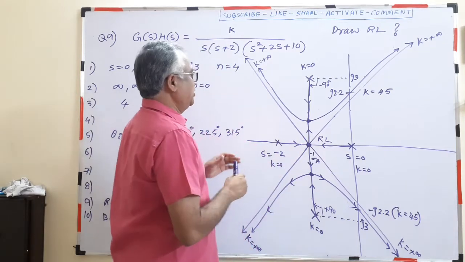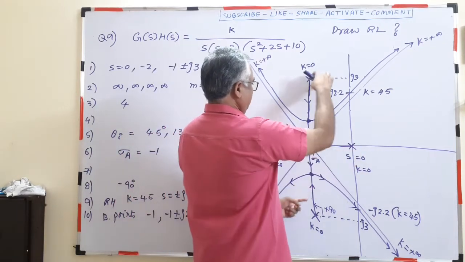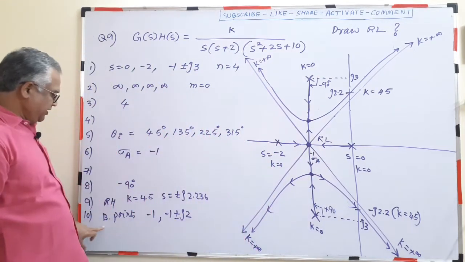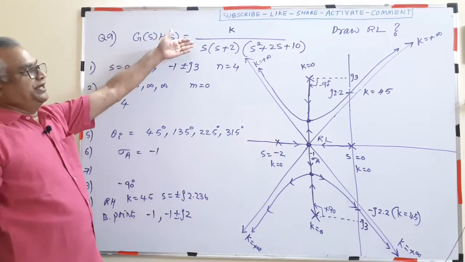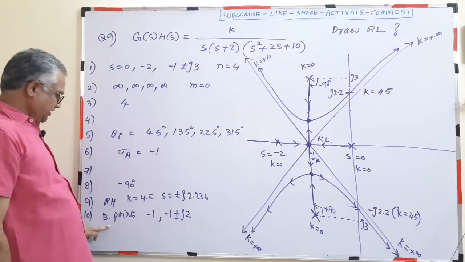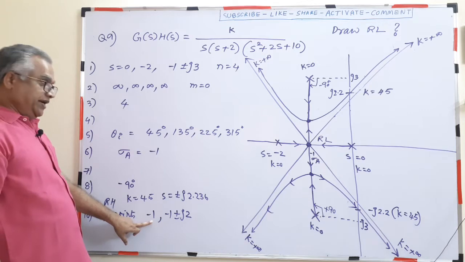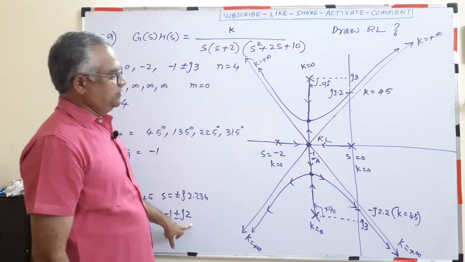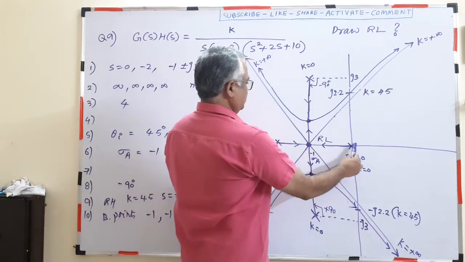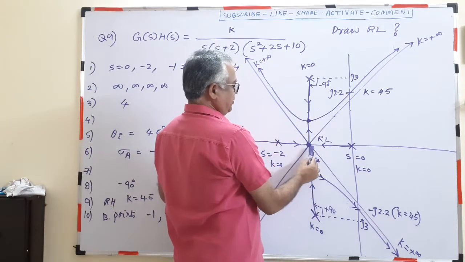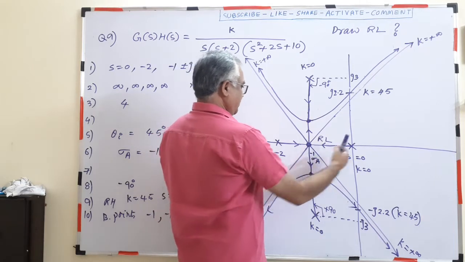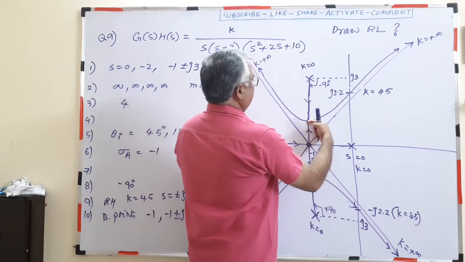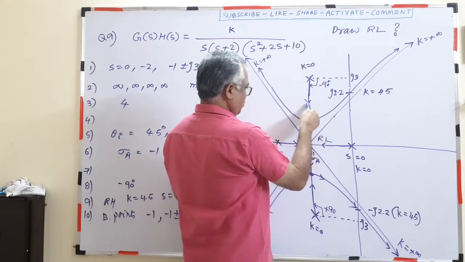Now we cannot conclude that all are meeting at this point. That is possible with the help of breakpoints. By differentiating and equating to 0, if you find the breakpoints, you get minus 1, and also minus 1 plus or minus j2. So these two are coming opposite to each other; there is a breakpoint at minus 1. After the break, the angle of departure will be like this. So this is coming here, then this is coming down.